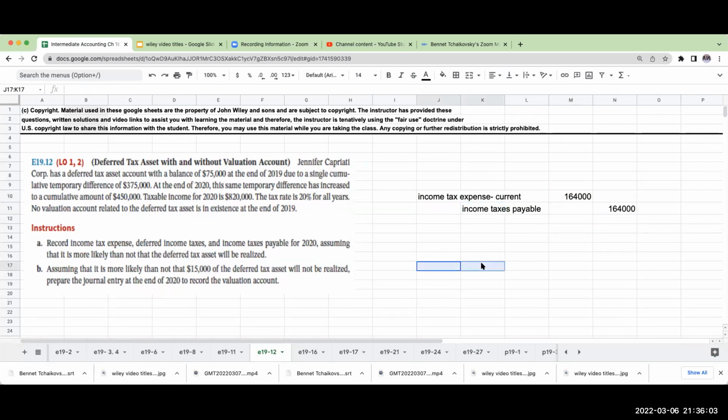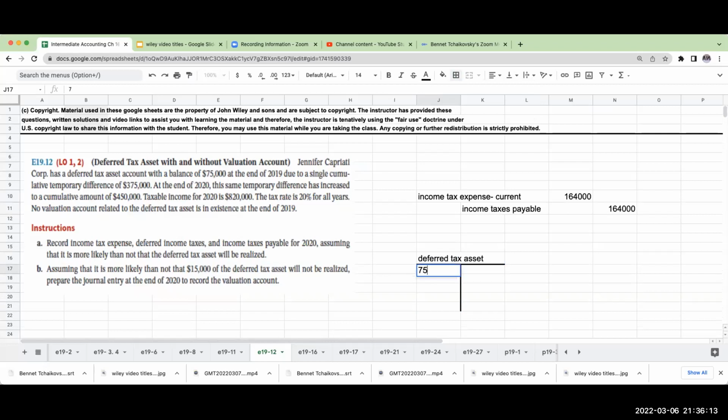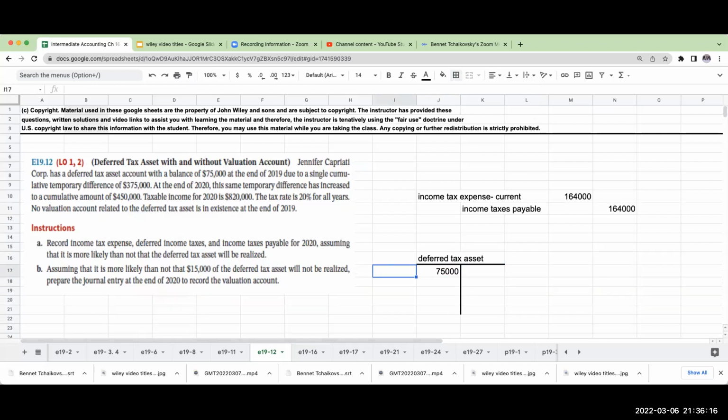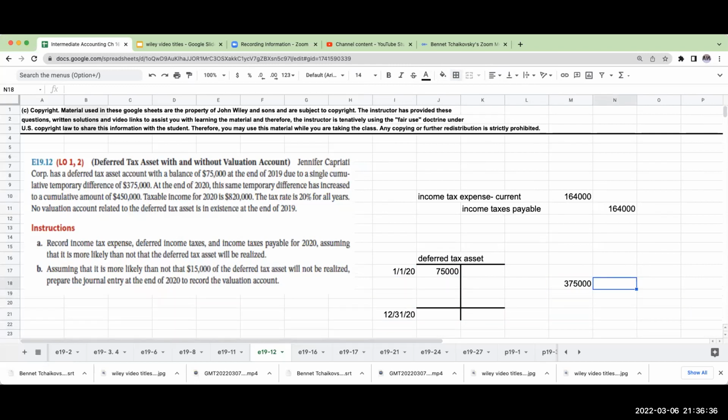Now, when we're looking at our deferred tax asset, it started out at $75,000 at the end of 2019. End of 2019 becomes 1/1/20. What we need to figure out is what our deferred tax asset is as of 12/31/20. The same difference has increased to a cumulative $450,000, so it went from $375,000 to $450,000.